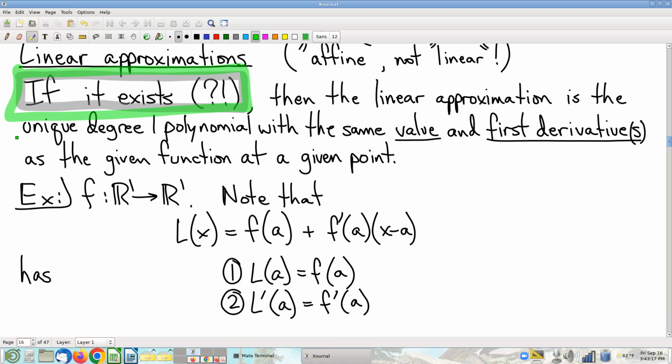I write this down on the assumption that everything's going to work out and that partial derivatives I can compute, and everything is as nice as I want it to be, right? We have to recognize it is possible that our function might be some sort of severely nasty, ugly, weird thing that does not have a tangent plane.